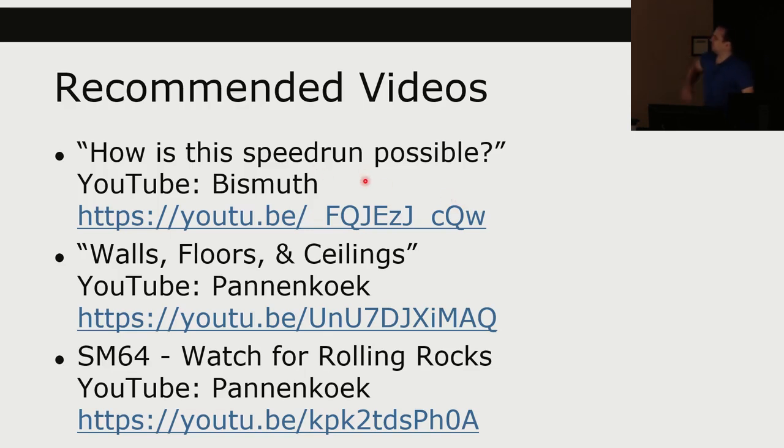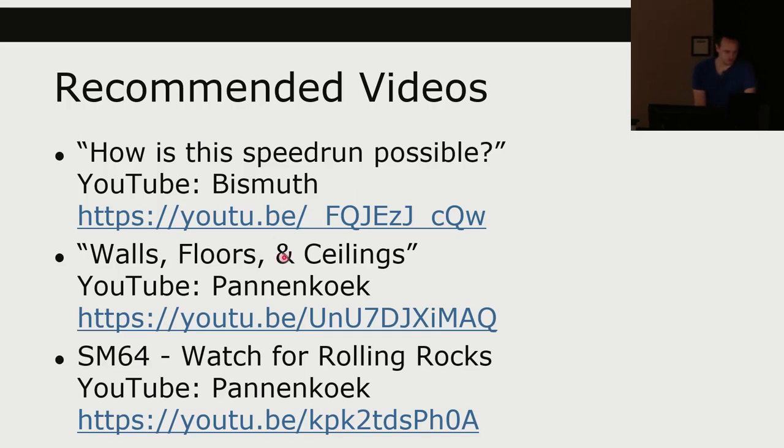So this first one is Bismuth, a YouTuber who took the Super Mario Bros. 1 speedrun, which involves probably a dozen different glitches, and then explains the mathematics of all of them in a way that probably took him 2 months to make that video, right? I can't give you the same quality video as this person explaining those physics.